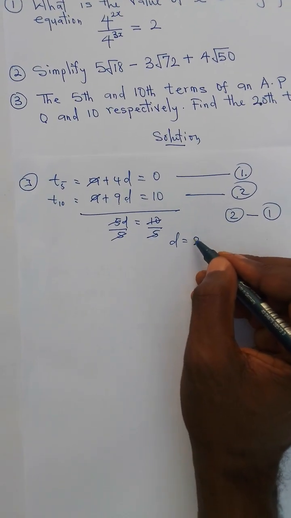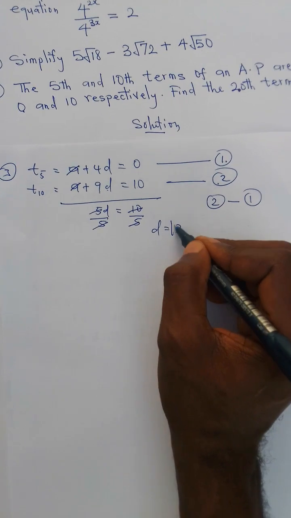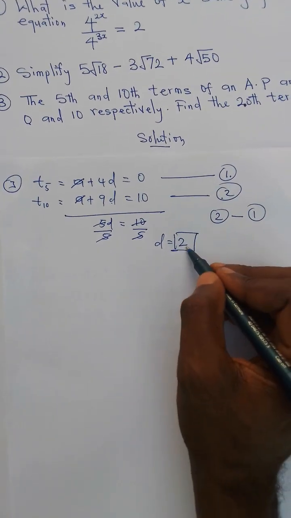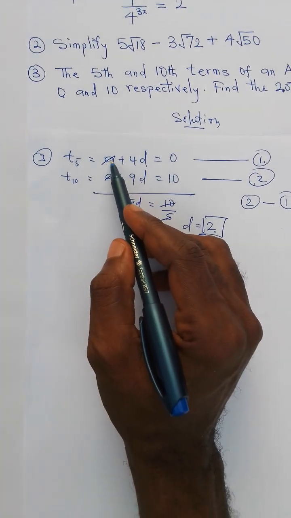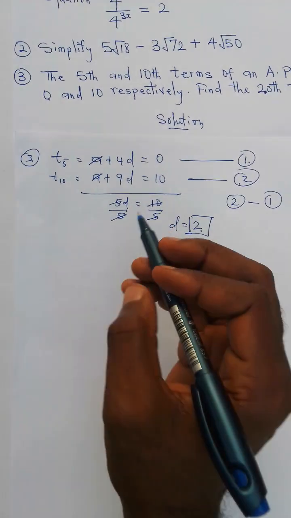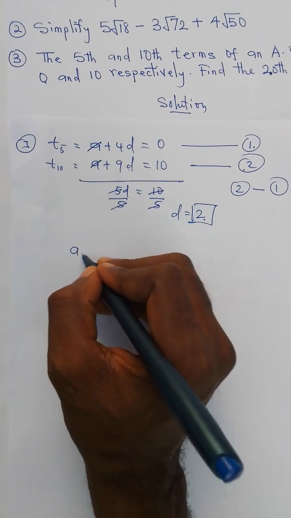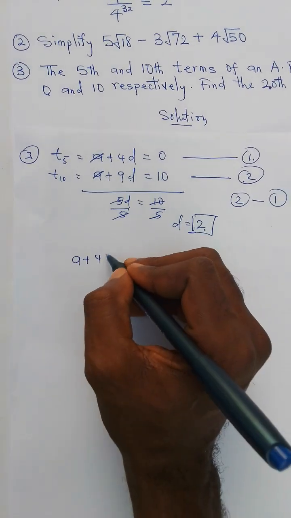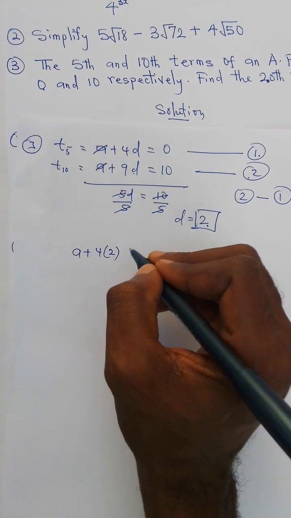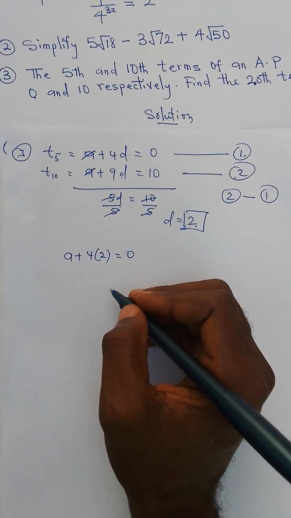Now if we know the common difference to be 2, we can substitute this 2 in the place where we have D to get the first term. Okay? So we are going to say A plus 4D. Now D is 2, so A plus 4 times 2 equal to 0.